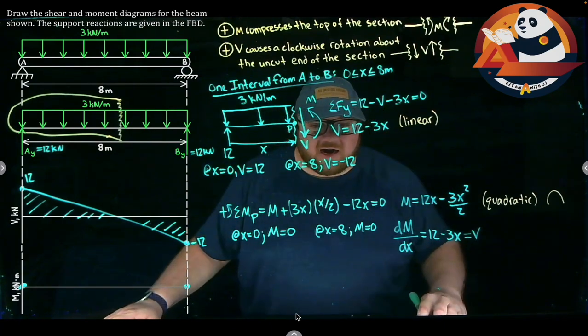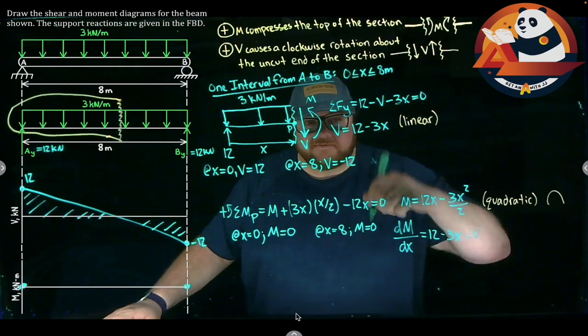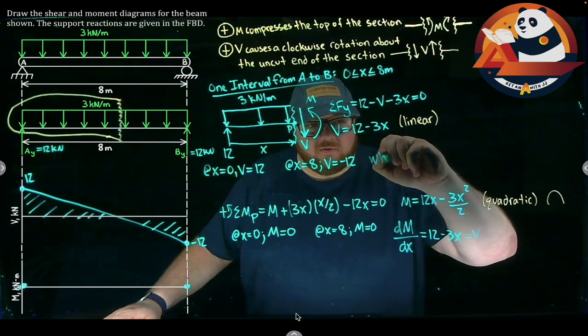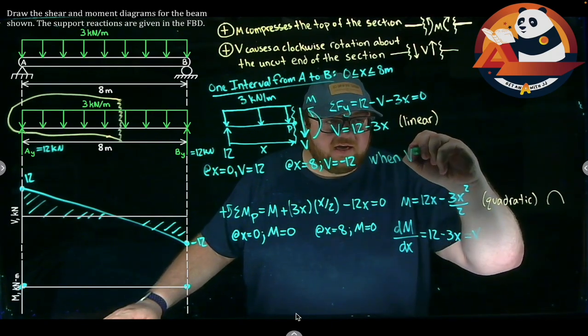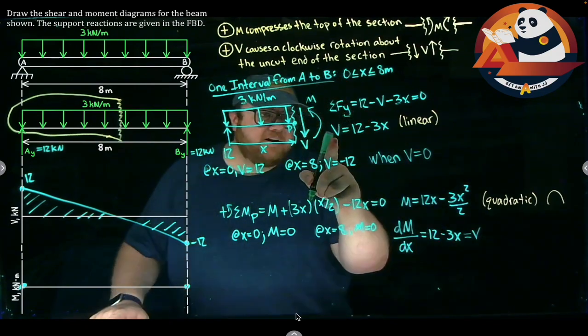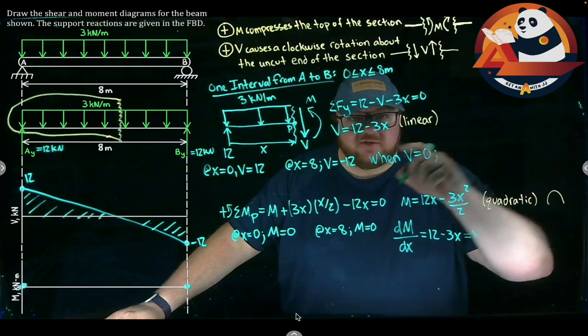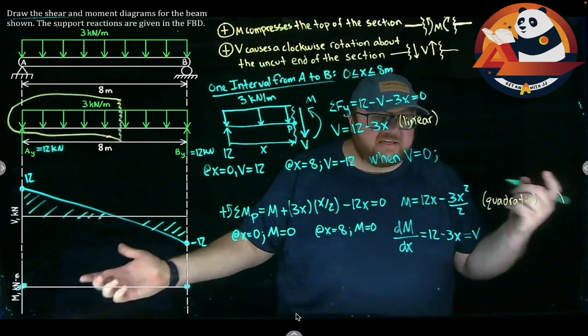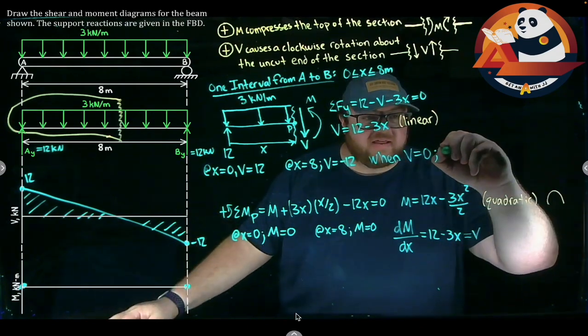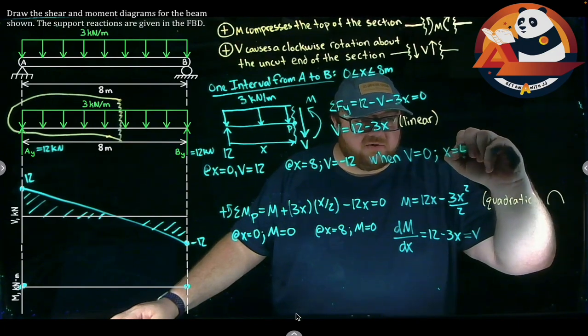So let's come back up and do that. When V equals 0, so 0 equals 12 minus 3x, we're now solving for x. So we can move the 3x to the other side, 3x equals 12. Solving that, we get that our x equals 4.